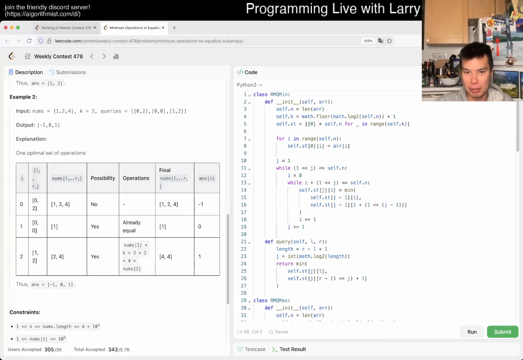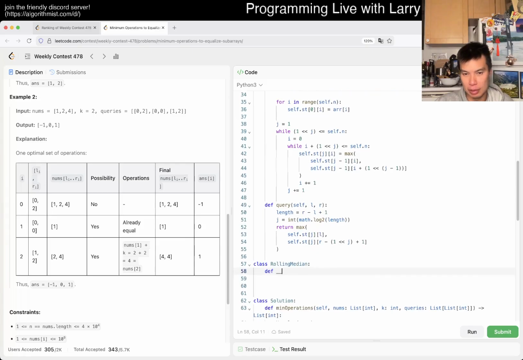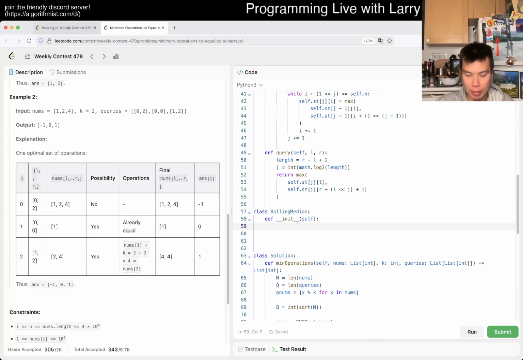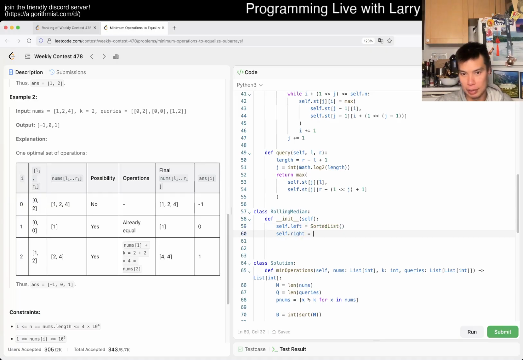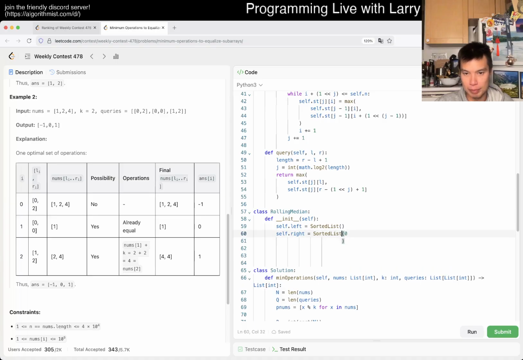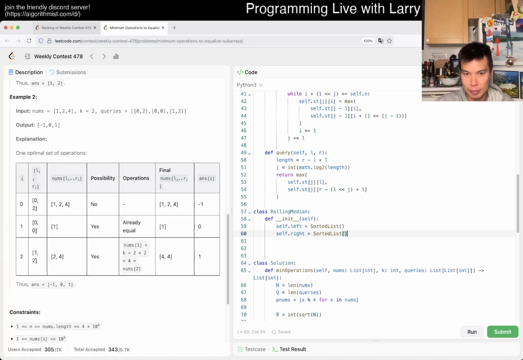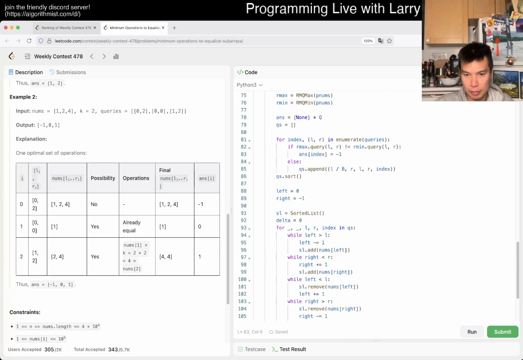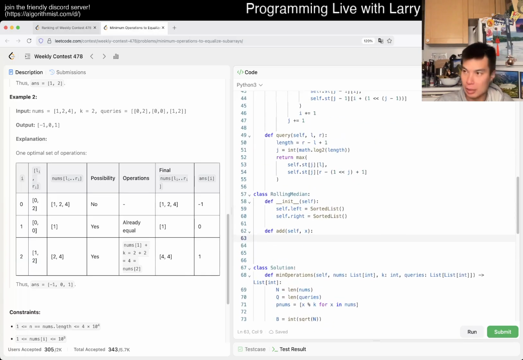I feel like I have this somewhere, honestly, but I don't know where it is. Just use sort of this. I could use heap, but is that worth it? Okay, so when we add a number, what happens?